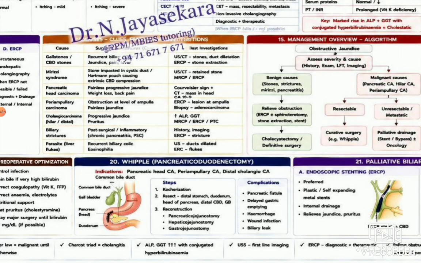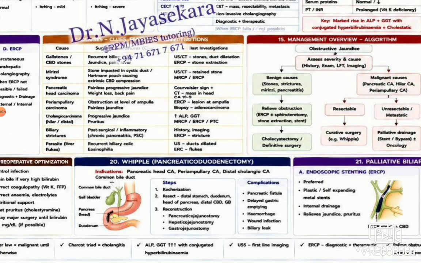What is removed? In classical Whipple procedure, the surgeon removes the pancreatic head, duodenum, distal CBD, gallbladder and part of the stomach. Reconstruction. Then reconstruction is performed using pancreaticojejunostomy, hepaticojejunostomy and gastrojejunostomy.